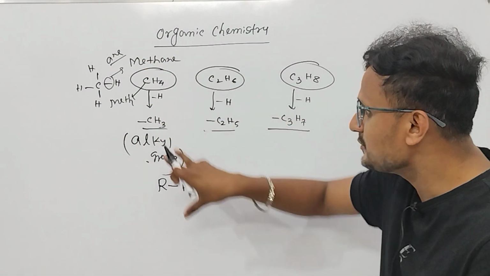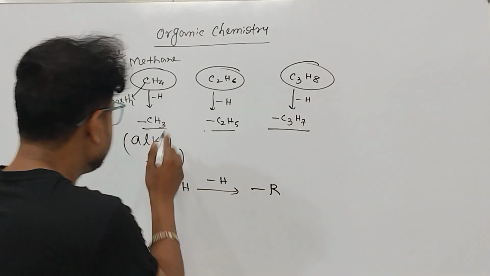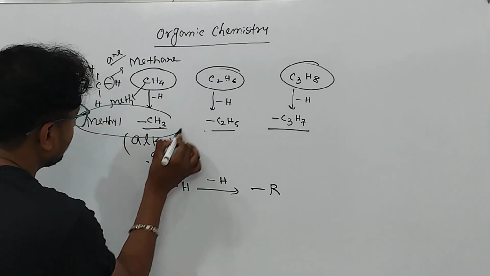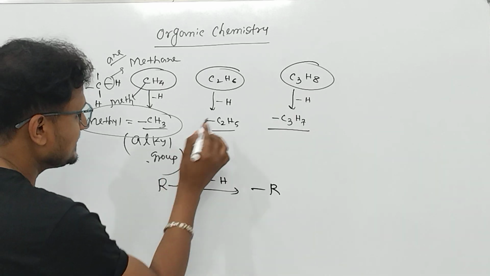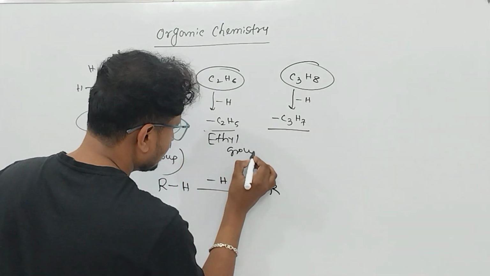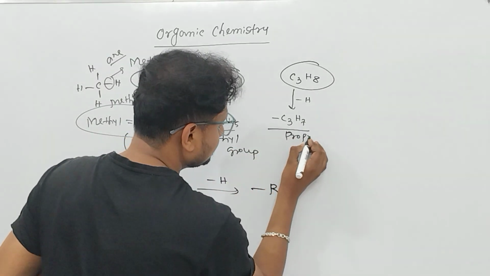If methane removes one hydrogen, it will form methyl. So this CH3 is called methyl group. Similarly, this C2H5 is called ethyl group. And this C3H7 is called propyl group.